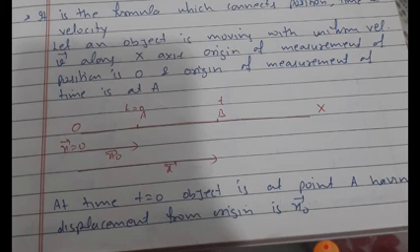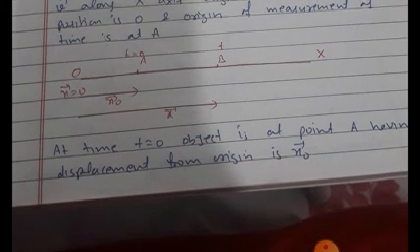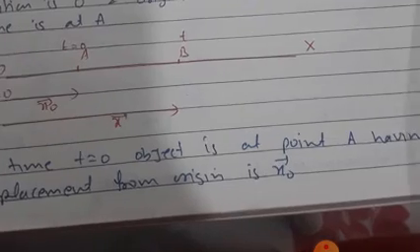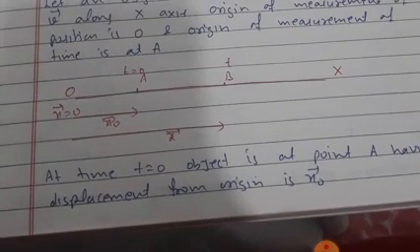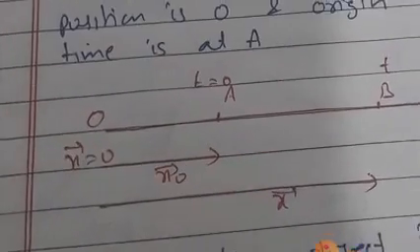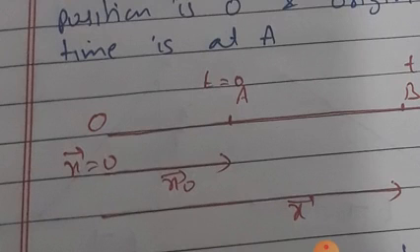See here, it is given that at time t equal to 0, the object is at position A having displacement x naught from the origin. Means when time t is equal to 0, the object is at A and it has position x naught, its position from the origin.